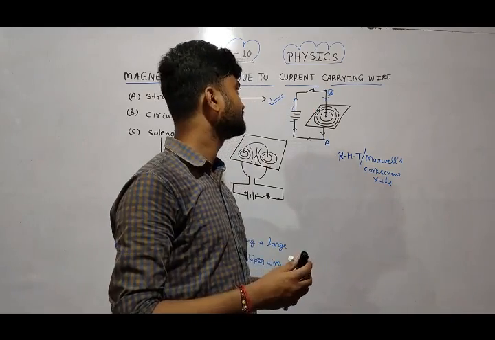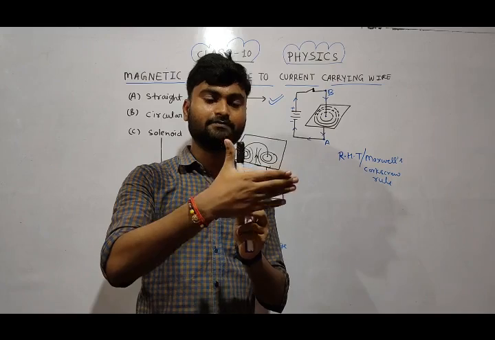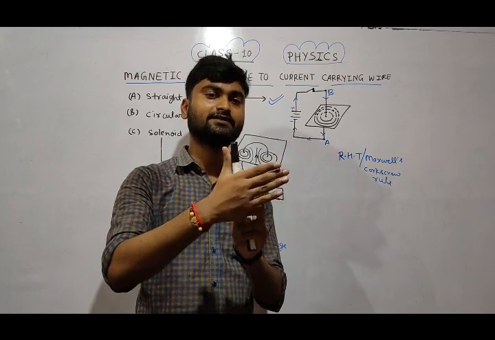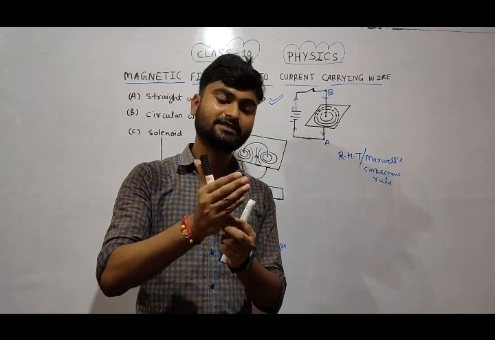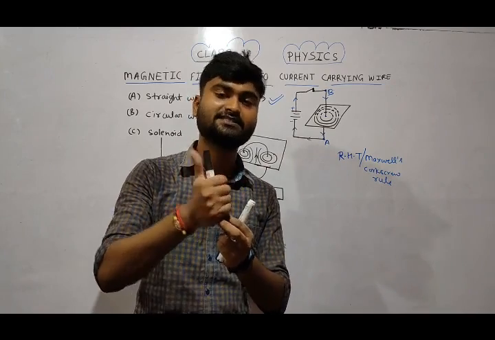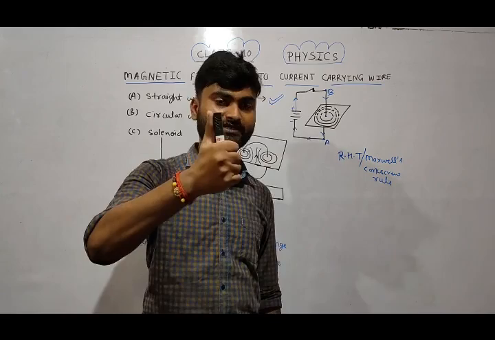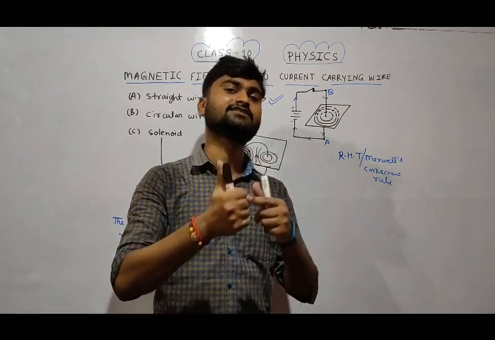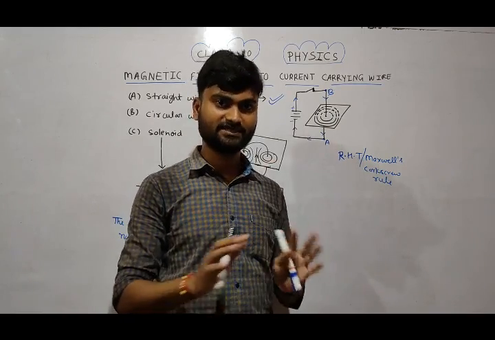So keeping the thumb in the direction of current, now, in which direction do your fingers curl or encircle? In which direction do your fingers encircle the wire or the current carrying conductor to hold it? That direction will give you the direction of magnetic field lines, right?